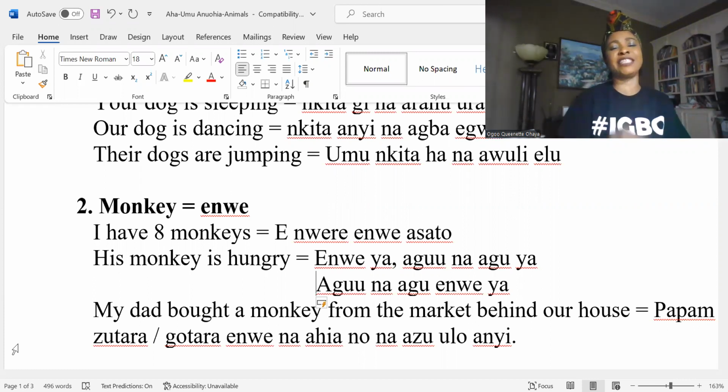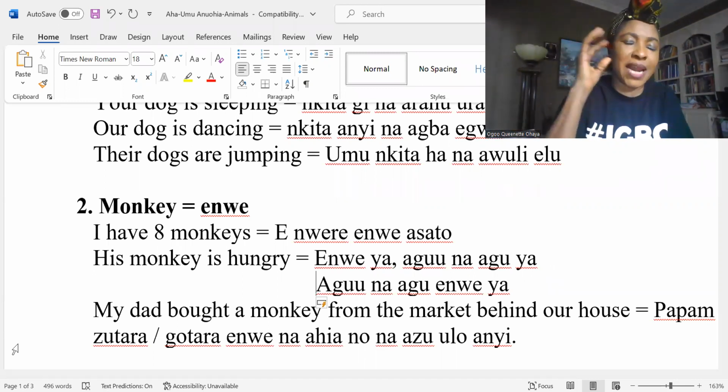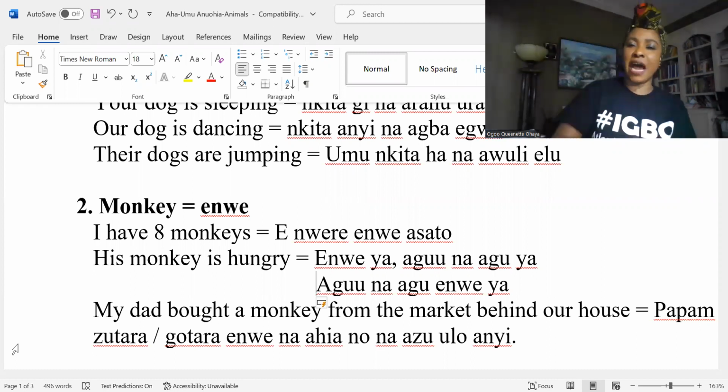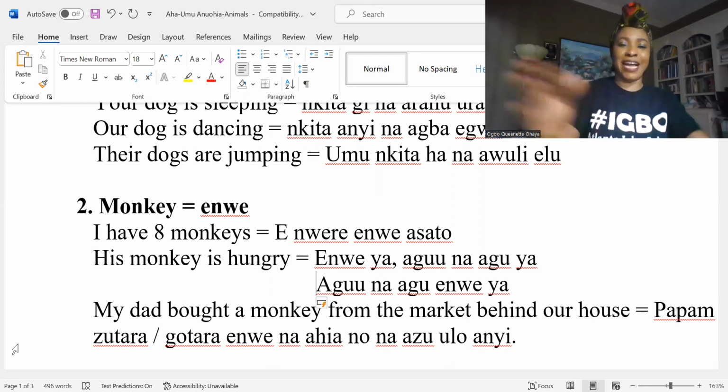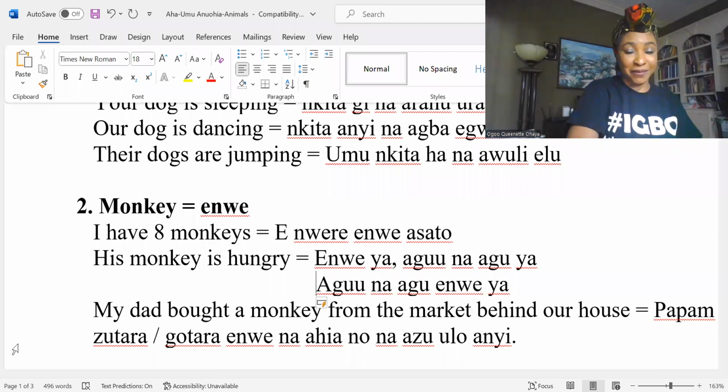That's why I try to make this sentence so that you get how to say it, like "I have 8 monkeys." Enwerem. Remember what I said: when I say one house, how do you say it? Otu ulo. Now, when it's plural, when I say 3 houses, how do you say it? Ulo ato. There you go. Now you see, you switch it. Ulo, the noun, comes first before the number.